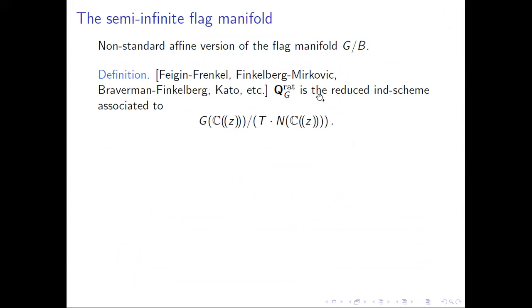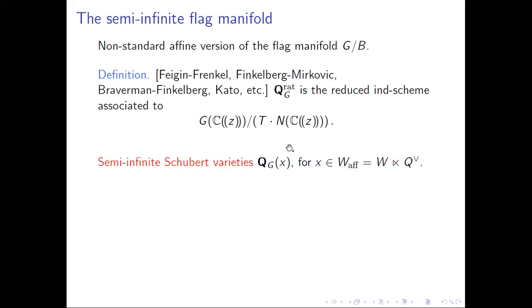And formally, it's a reduced ind-scheme associated to this quotient. So you take the Lie group over formal Laurent series in z, and then you quotient out by T times N over Laurent series.